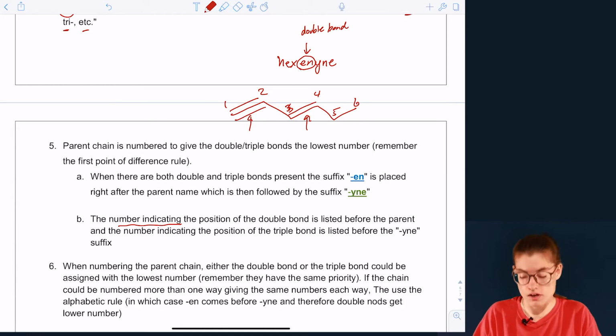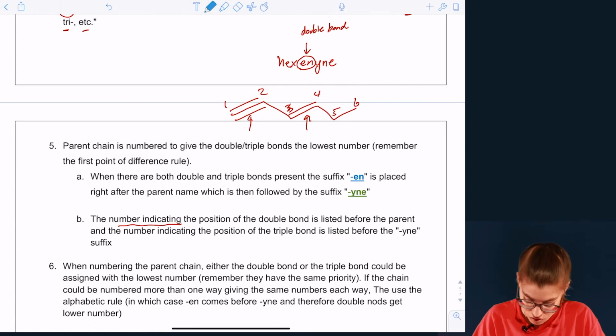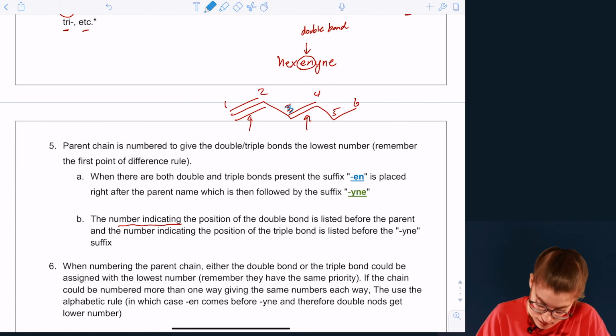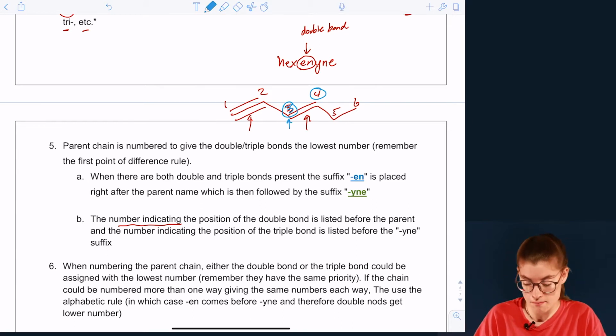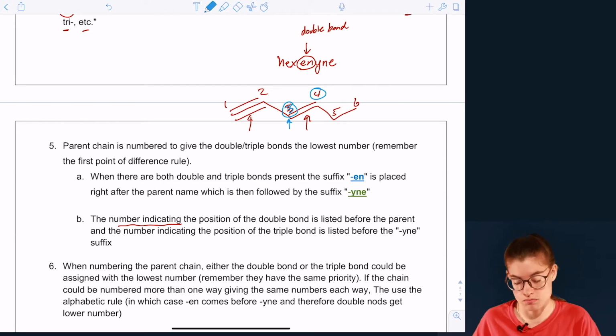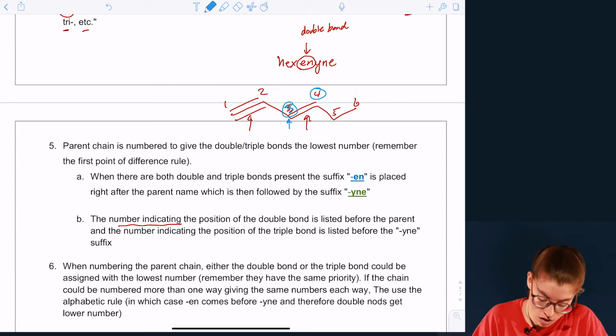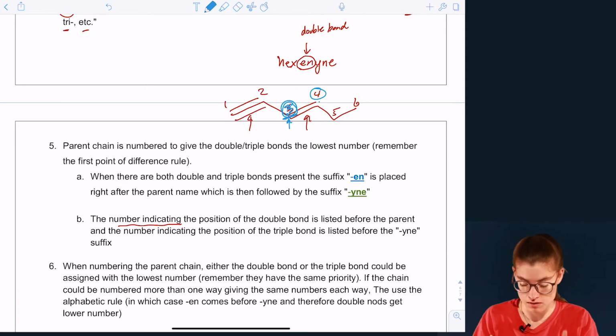And that's great. But I need to know where this double bond is. Here, the double bond is between 3 and 4. Now what we do is we list the lower number, and we always number through double bonds and triple bonds. So I know that if a double bond is at carbon 3, that means it goes from 3 to 4. So we always list the lower number as the position of the double bond.